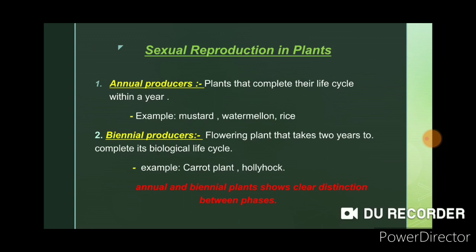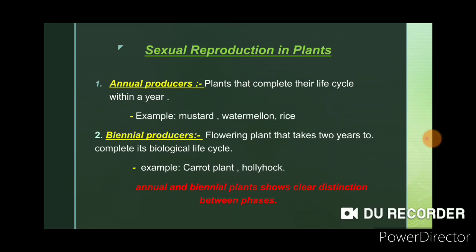I repeat, annual producers are the plants which complete their whole life cycle, that is growth phase, reproductive phase, and senescent phase within a year. Examples are watermelon and mustard, rice, and more such plants.